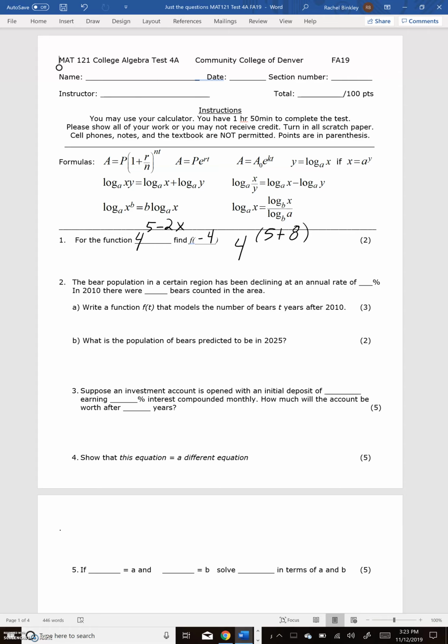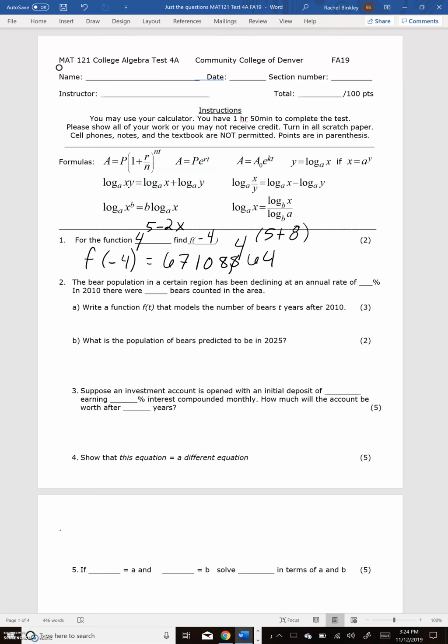So 4 to the power of 5 plus 8 is going to give us a very large number. It might not be this large when we do it on the test. 6, 7, 1, 0, 8, 8, 6, 4.